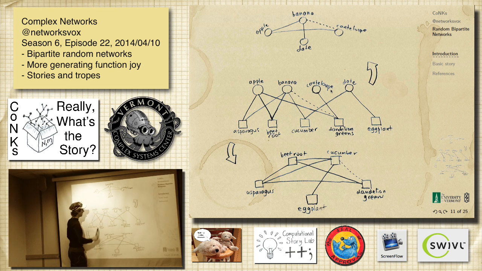This dashed line in here shows what would happen if we added dandelion greens to this group. It would create a clique of 4 induced by banana for these 4. So dandelion greens, if it wasn't connected to cucumber, beetroot, or asparagus, will be connected now. It already was connected to these 2, so that extra dashed line is for that guy.